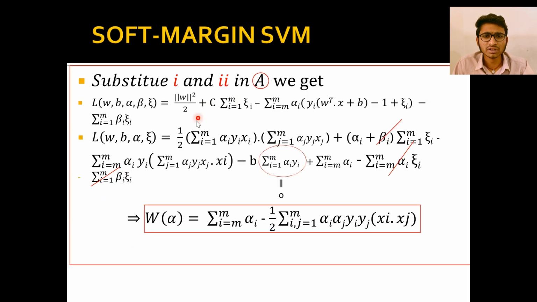If I substitute those, I am taking w as alpha a y x, and for another term I am taking alpha j y j x j, because I could see a dot product here. For the clarity of thought, we are just writing in different notation, and c is alpha a plus beta a, that we know, that is the third result, and that I substituted here, and zeta I minus alpha I into w transpose, again I have written the w value here.